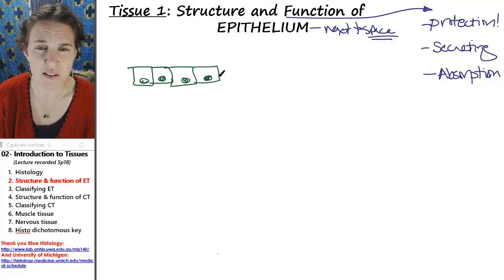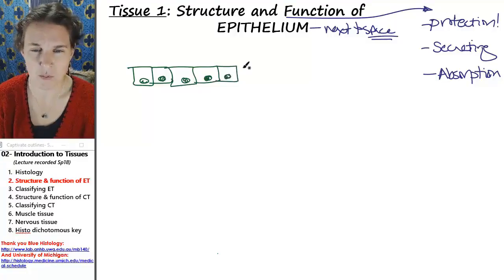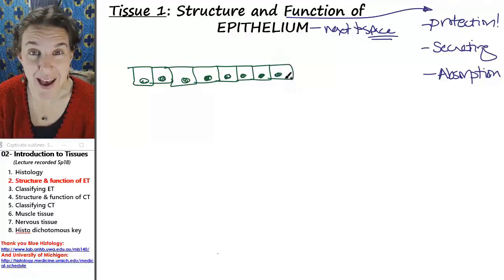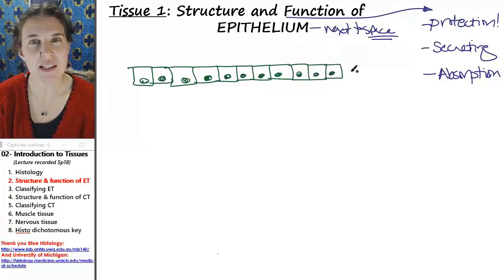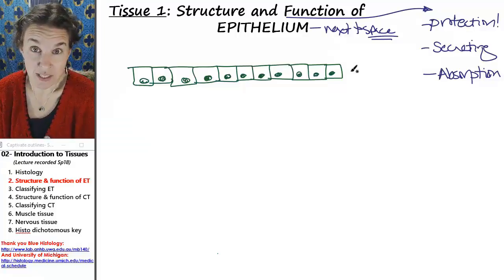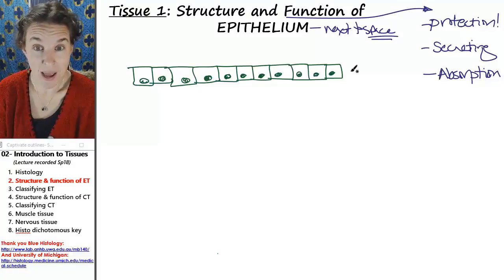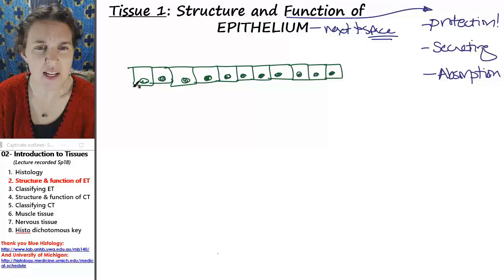Usually epithelial cells are not square. What cells actually are square? Or pointy on the edges? Not so much. But they're closely packed together. That is a characteristic that you will see of epithelium. Sometimes it's a single layer of cells that are packed closely together, but other times there are multiple layers of cells.